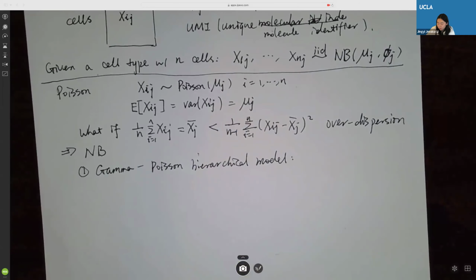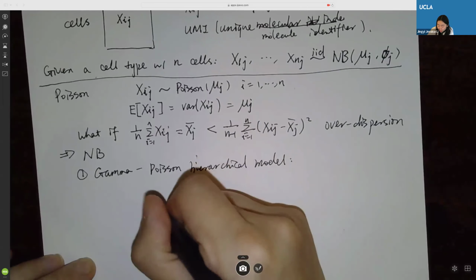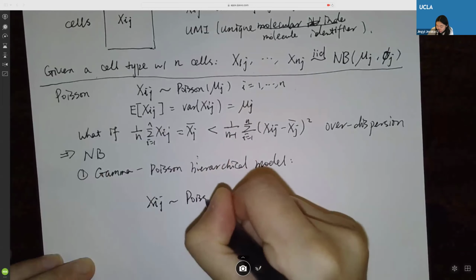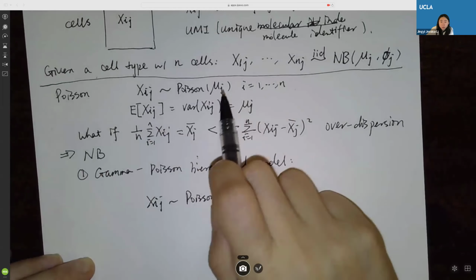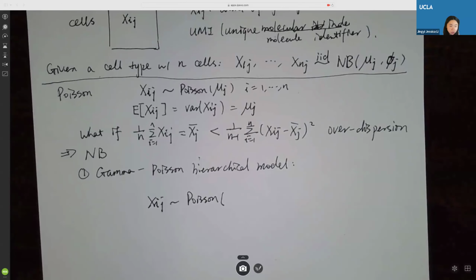So basically, what we're doing here is we change xij following Poisson, not with the common mu j, because you see mu j doesn't depend on i. It's a gene-specific parameter, but it's the same for all cells.